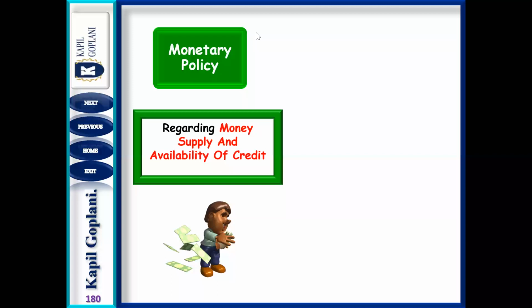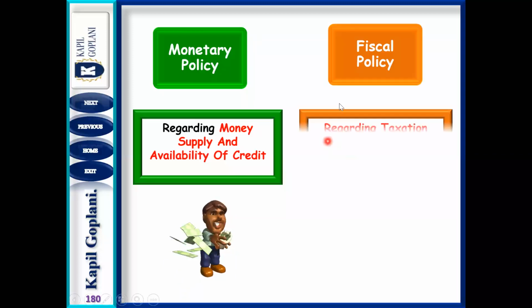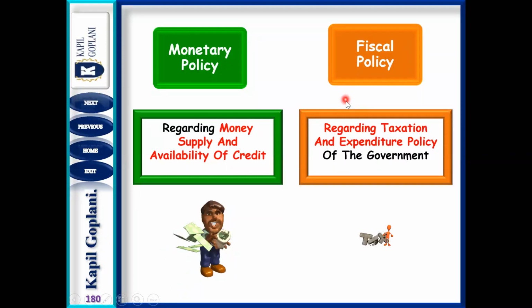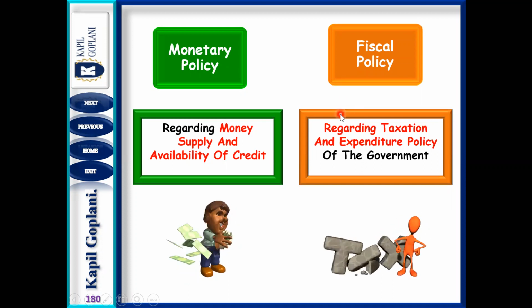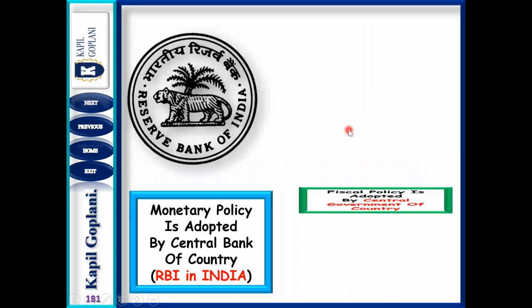Fiscal policy is regarding the taxation and expenditure policy, and it is under the control of the government, students. So these two policies we will discuss in this lecture, that is, how these policies are used to cover the situation of inflation and deflation.